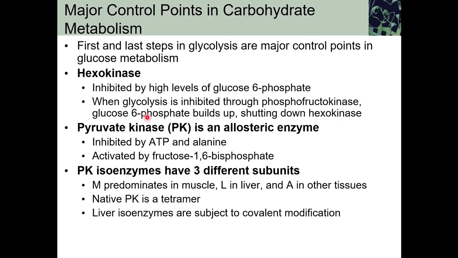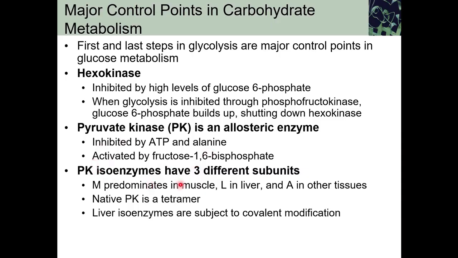It builds up, and so there's no point in getting in more glucose from the bloodstream, because you already have a lot of glucose 6-phosphate. Pyruvate kinase is an allosteric enzyme. It is inhibited by ATP and alanine, as I've already mentioned. It's activated by fructose 1,6-bisphosphate.